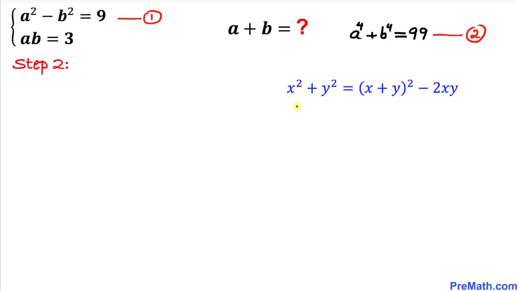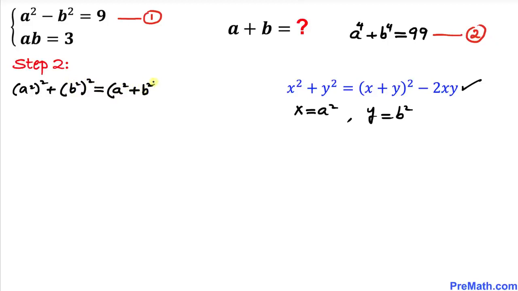If I let x equal to a square and let y equal to b square, then this identity is going to become a square and then a whole square plus b square whole square equals a square plus b square and then a whole square minus 2 times a square times b square.